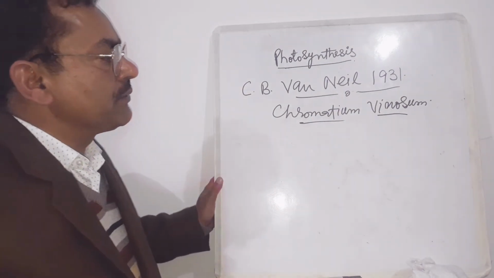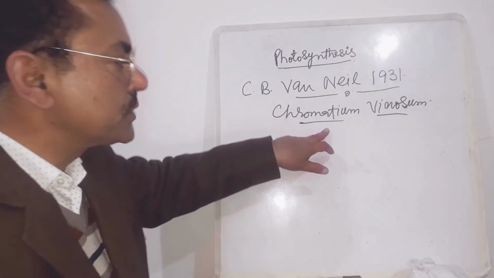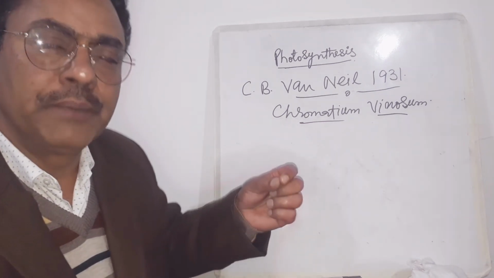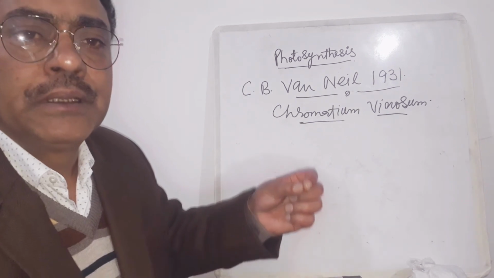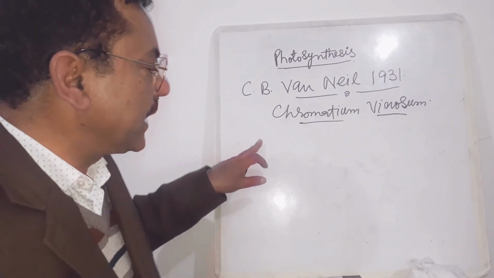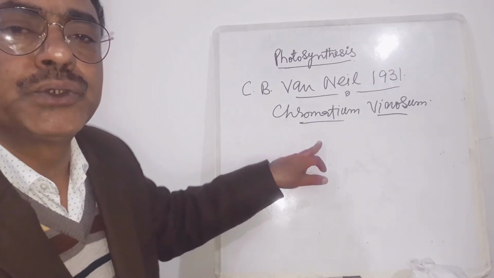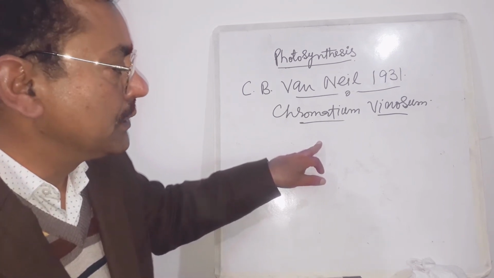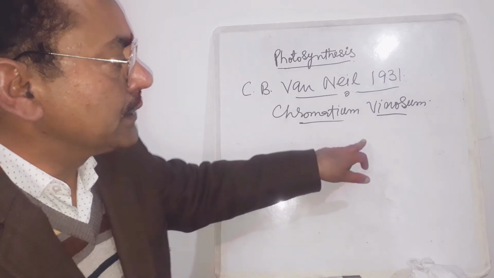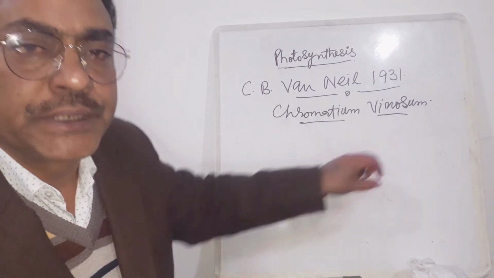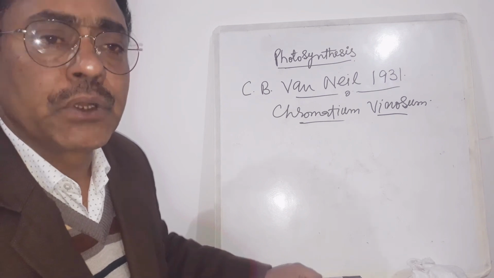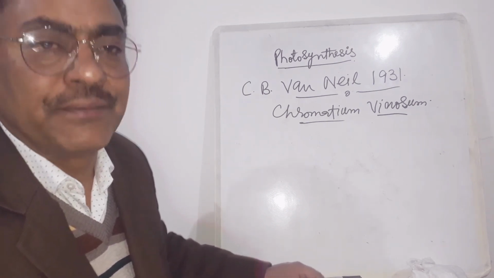He observed that this photosynthetic bacterium manufactures glucose and utilizes carbon dioxide and a hydrogen donor, that is hydrogen sulfide, not water. So in the process of its photosynthesis, it does not evolve oxygen, rather it evolves sulfur.